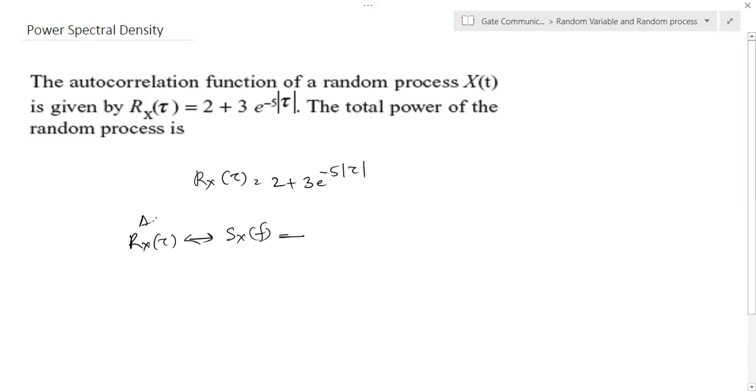This is the autocorrelation function, and this is the power spectral density. So they are Fourier transform pairs. If we find the Fourier transform of the autocorrelation function, you will get the power spectral density. And if you integrate this from minus infinity to infinity, Sx of f df, you will get the total power.